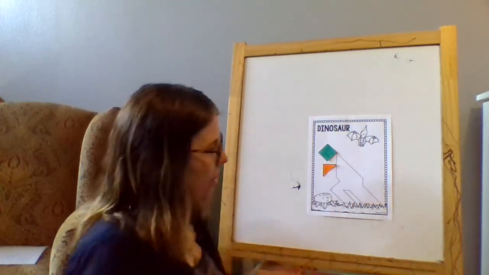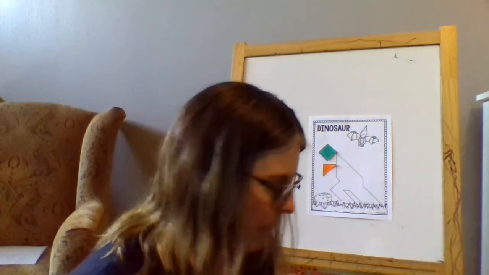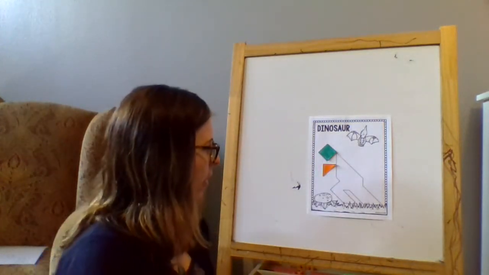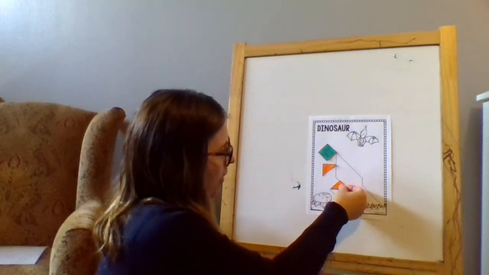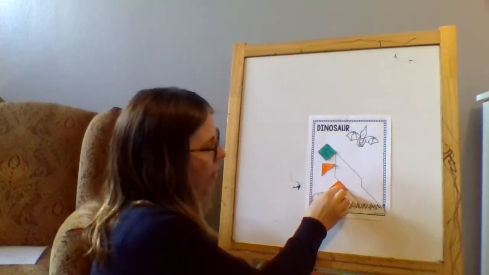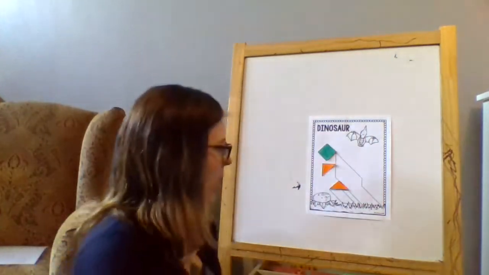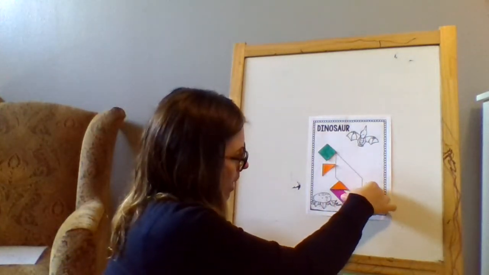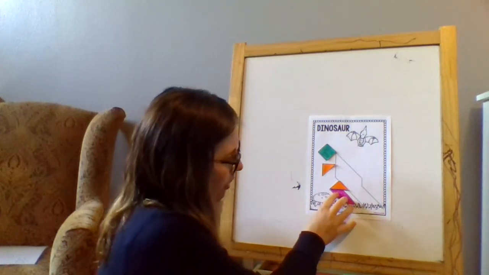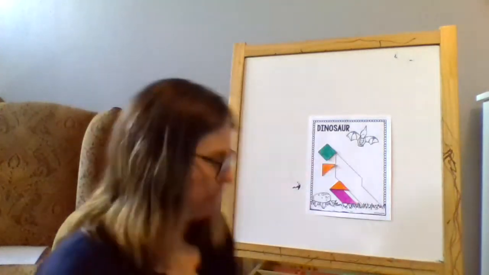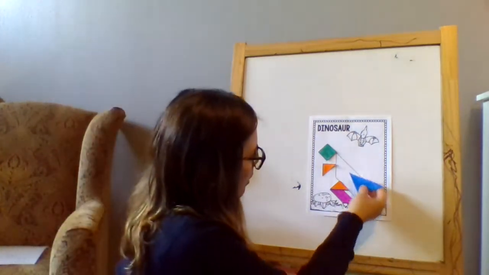Now, the tricky part is that you need to use your other shapes and move them around and fiddle with them and just see where they can fit. Well, it looks like that could fit there. Maybe. Sometimes what you think is right ends up not being right. That could fit there. Now I feel a little bit lost.